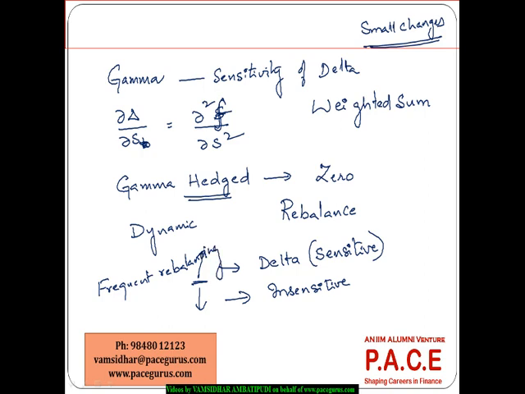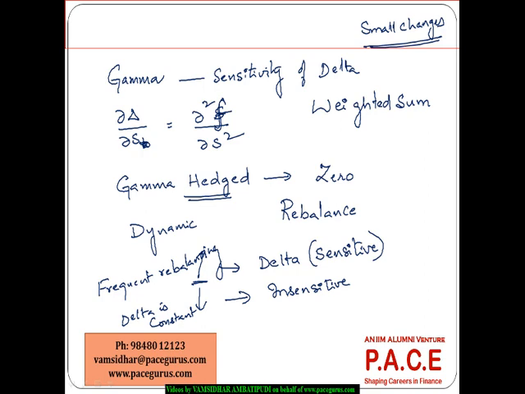Whereas if my gamma is much lesser, it's as good as delta is more or less constant, which means my portfolio does not require too much rebalancing to make it delta neutral.